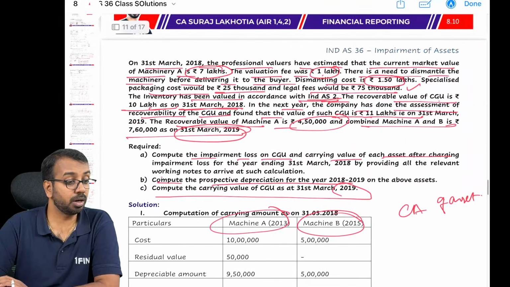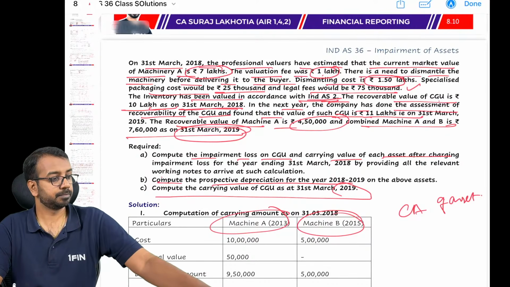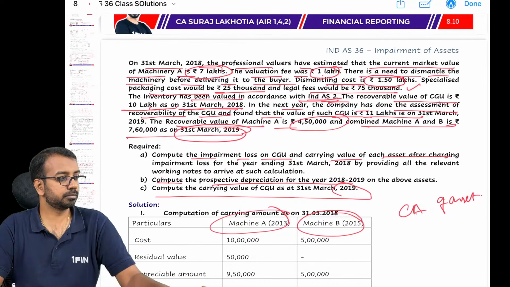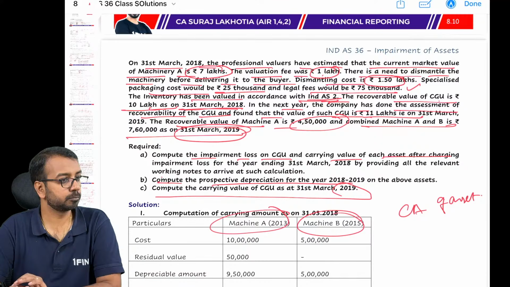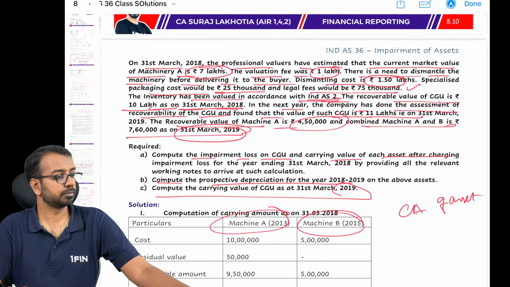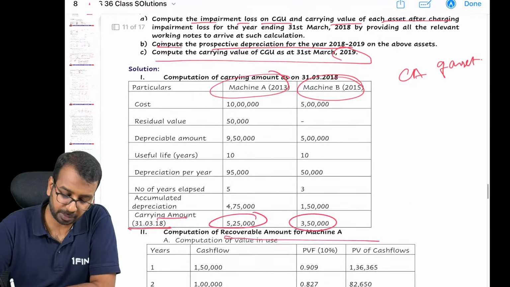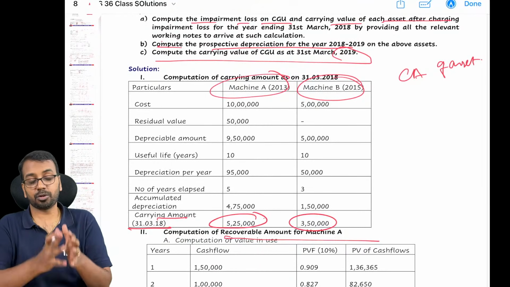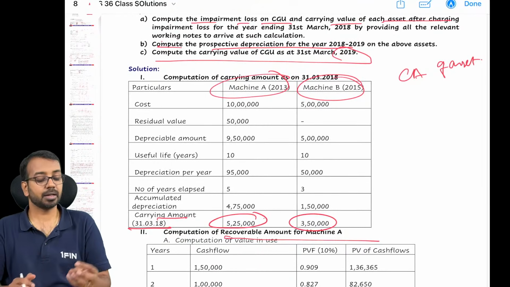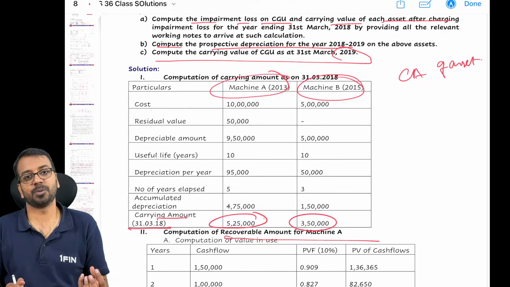First, we have done impairment on machine A. So, always remember, whenever you have individual machines, CGU and all of that, you will start from the lowest level possible.